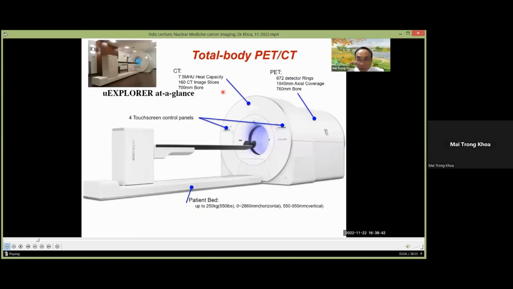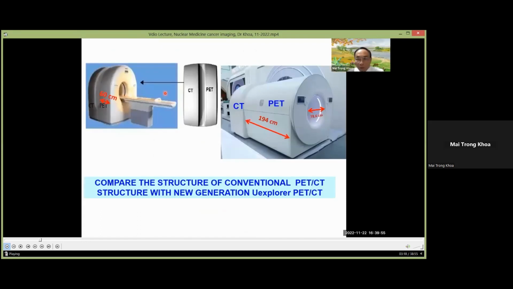You can see here, it is a new generation PET-CT machine that was invented in very recent times.